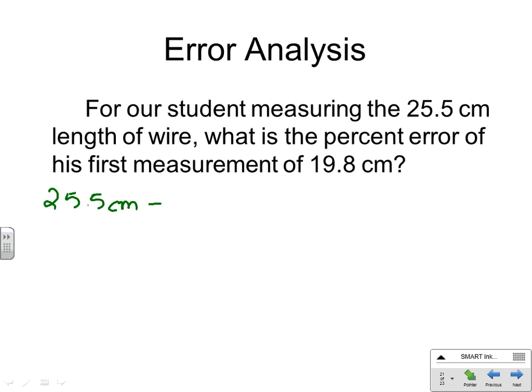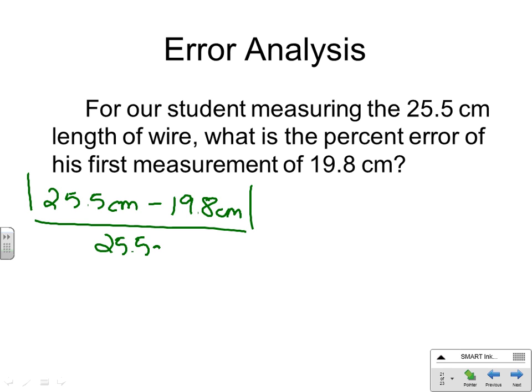That's your actual minus your experimental, absolute value of that, divided by your actual value. And I put the centimeters in there, but usually percents don't have units, so you don't have to worry about that. Times 100, and you get 22%.